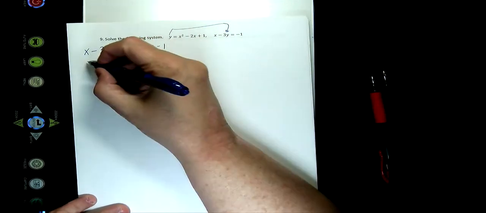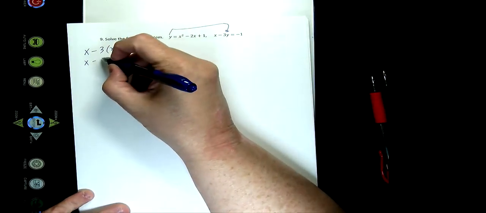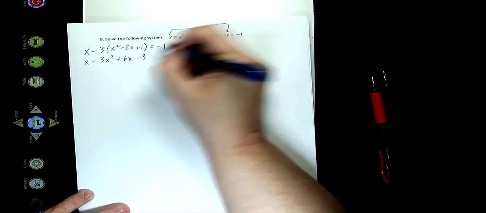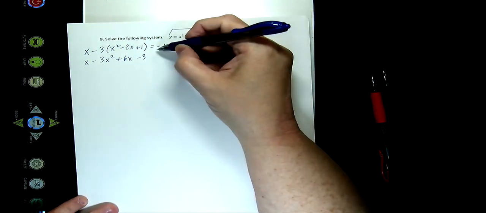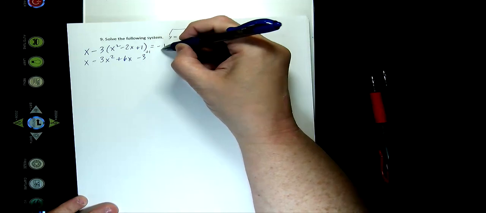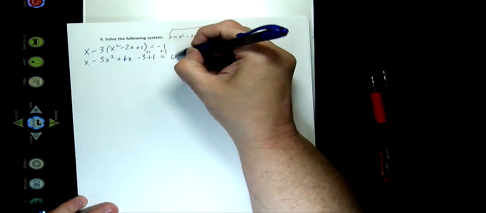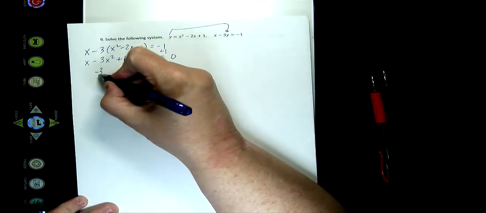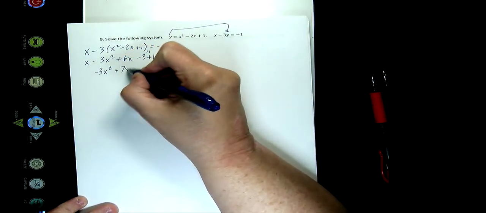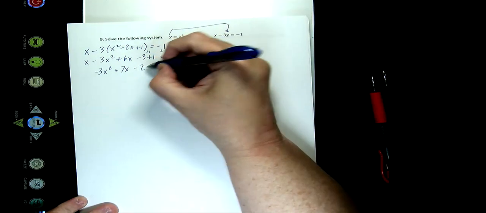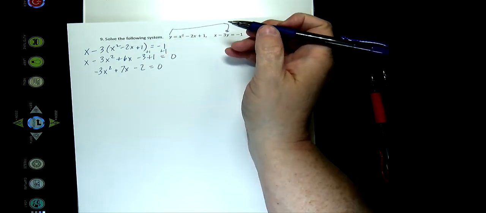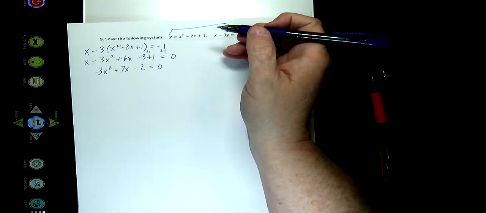I will distribute. And I'm going to move the -1 over by adding it to both sides real quick too. So if I put this all together. And I really absolutely detest having a negative number in front.